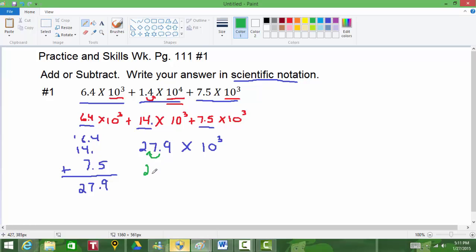So that'll be 2.79 times 10. And since we made an adjustment by moving this over, we're also going to have to change this 3 to a 4. Okay, and the number that you see right here is going to be our answer in scientific notation.